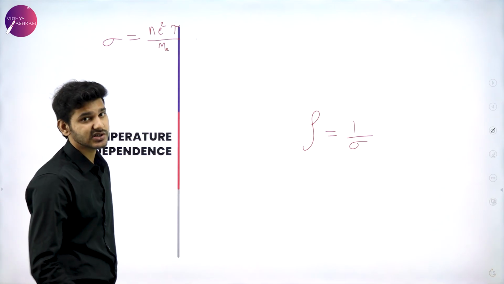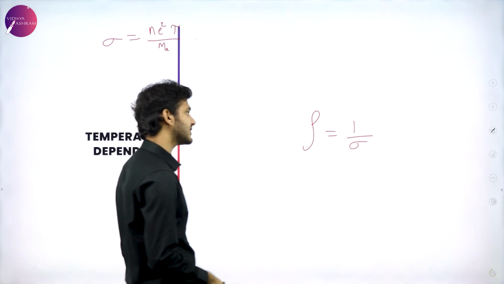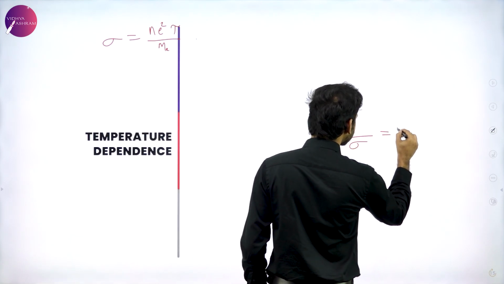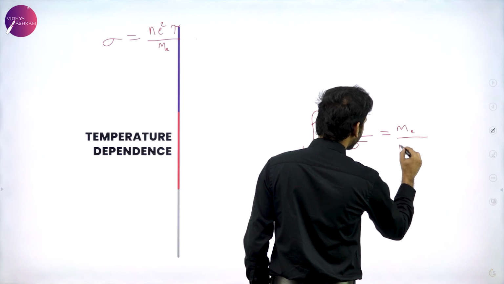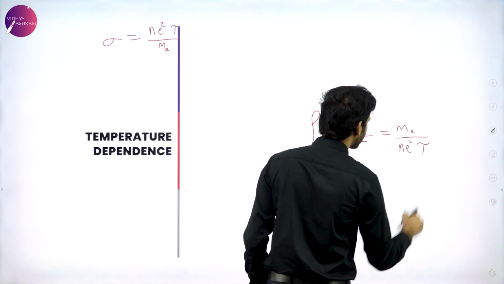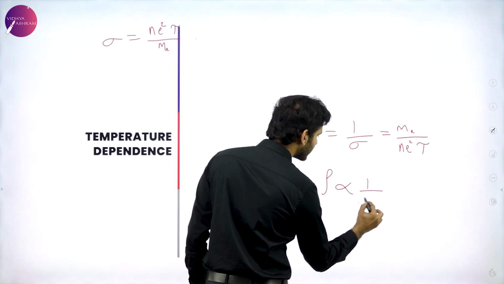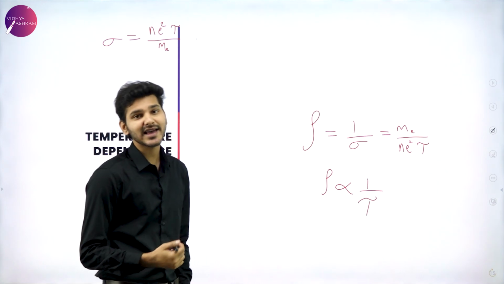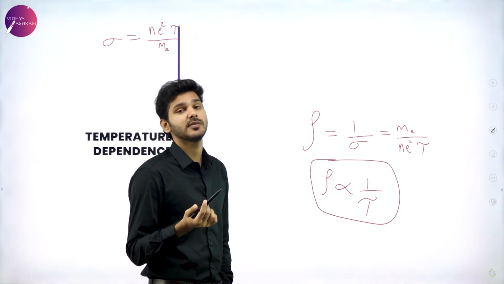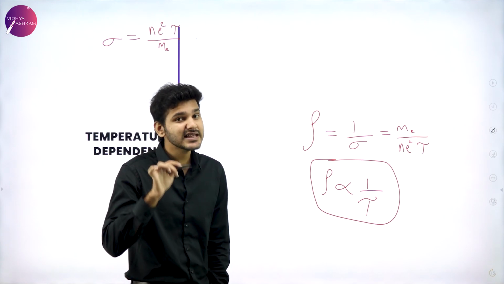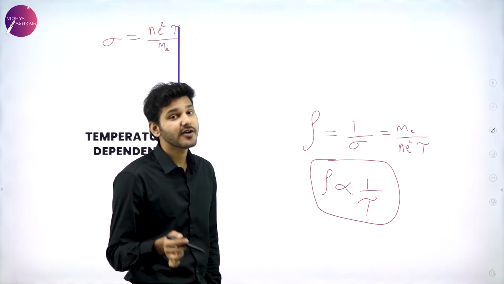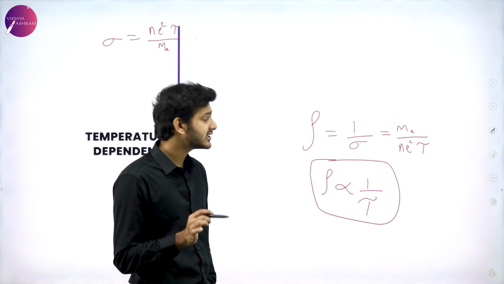So the equation for resistivity is nothing but m divided by n e squared tau, which means that resistivity is inversely proportional to the relaxation time tau. If you remember the graph for the metals and semiconducting material, we can clearly see a relation forming.